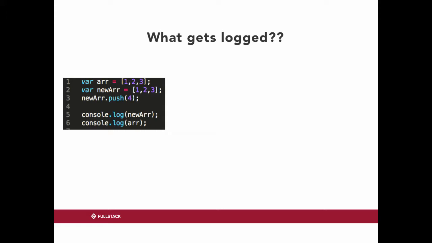Yeah, and then what do we expect to be console logged out for array? Exactly. So 1, 2, 3, 4 for the new array that we pushed the number 4 into, but 1, 2, 3 for the array, because we're not setting new array equal to array or vice versa. We're setting it to a whole new instance of an array.